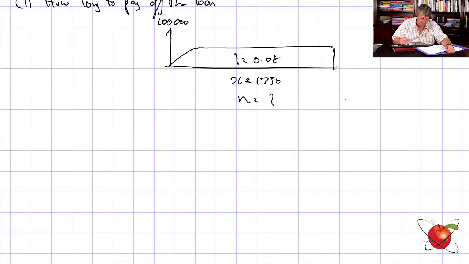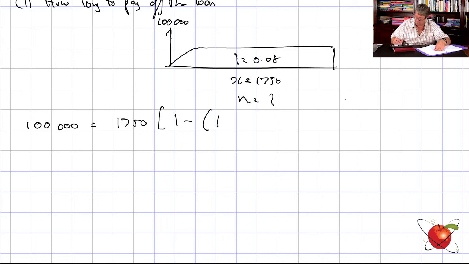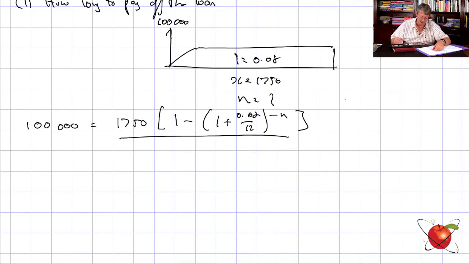P is equal to 100,000 equal to 1750, that's X, times 1 minus (1 plus 0.08 divided by 12) to the power of minus n, all divided by 0.08 over 12. So far, so good.